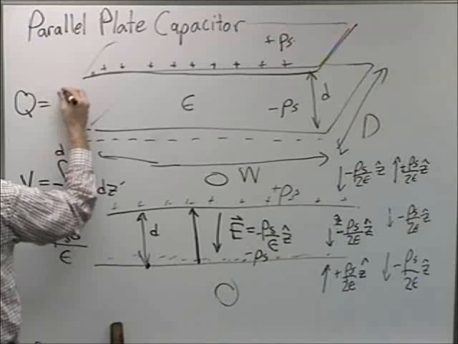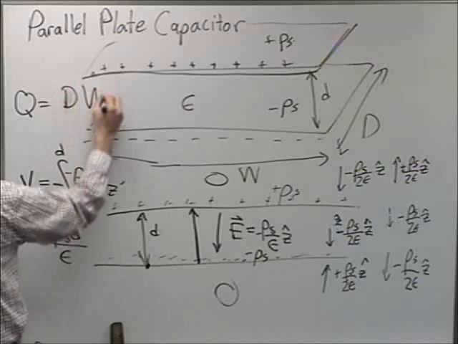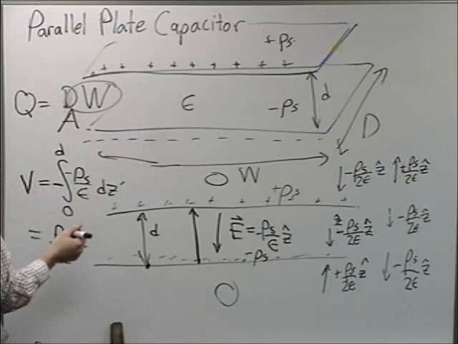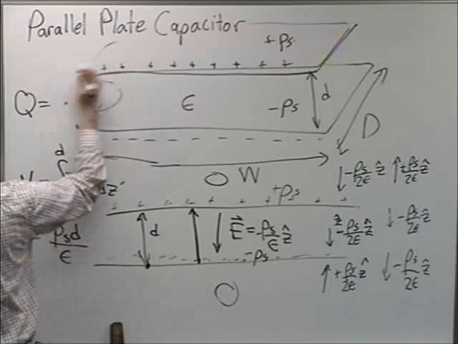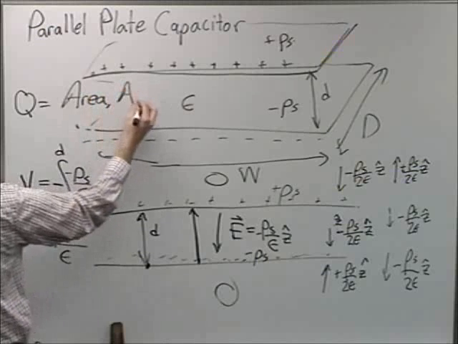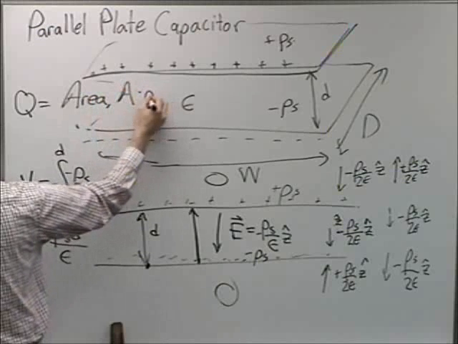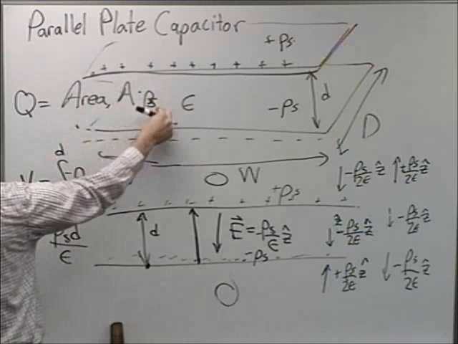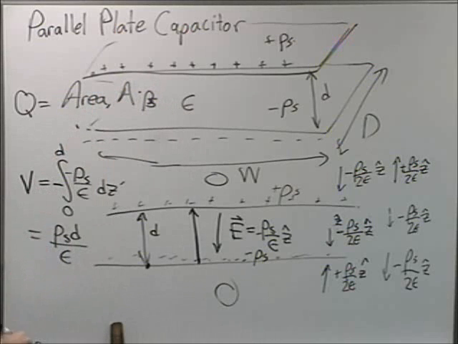Capital D, d times w, or the area of that plate. Let's just use area, A, times rho sub s. Meters squared times coulombs per meter squared. And so our final answer, let me write it over here so we have a clean result.